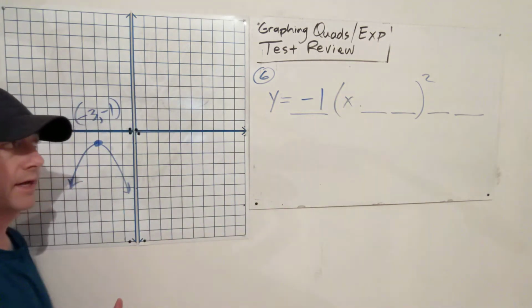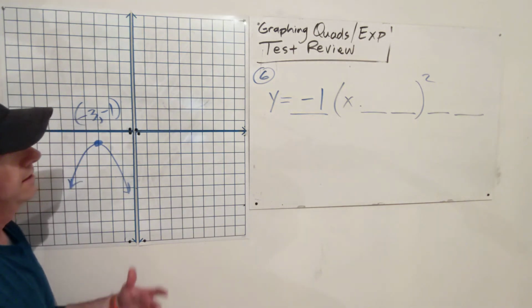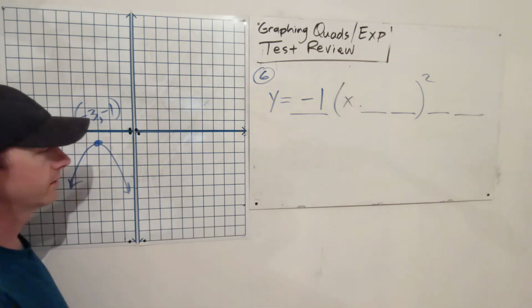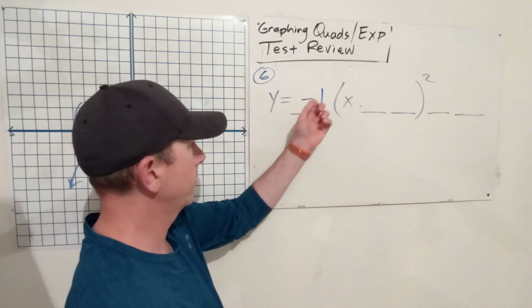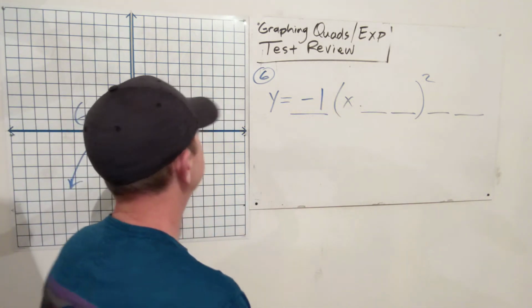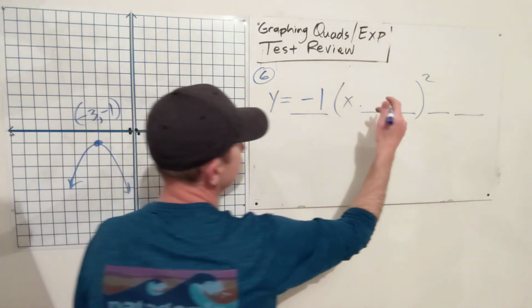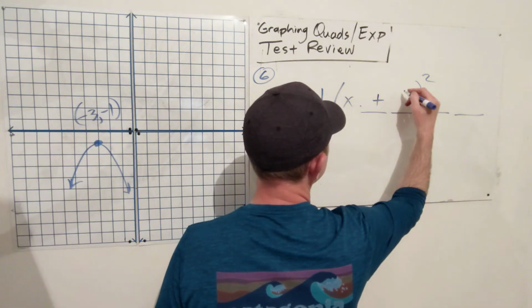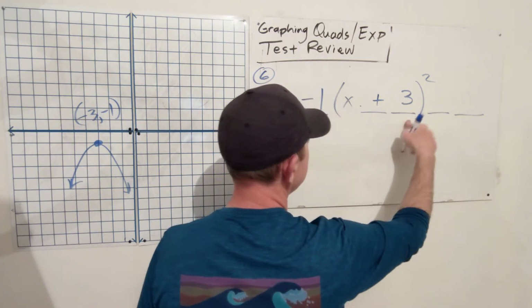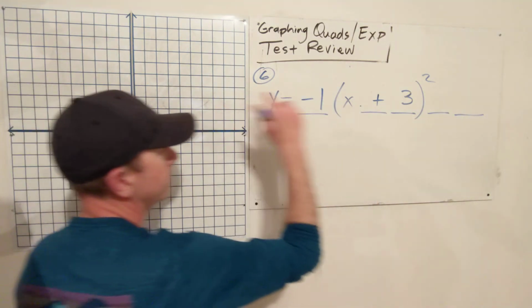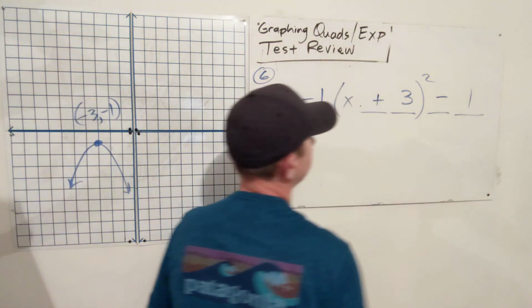I would prefer you put a -1 with no spaces. We tried to account for that on Canvas, but the best way to make sure you get it right is if it opens down, put -1 with no spaces. This would be minus a -3. So minus a negative turns into a +3, so that sign would be plus, and then 3 there, and then the -1 would go in that spot.